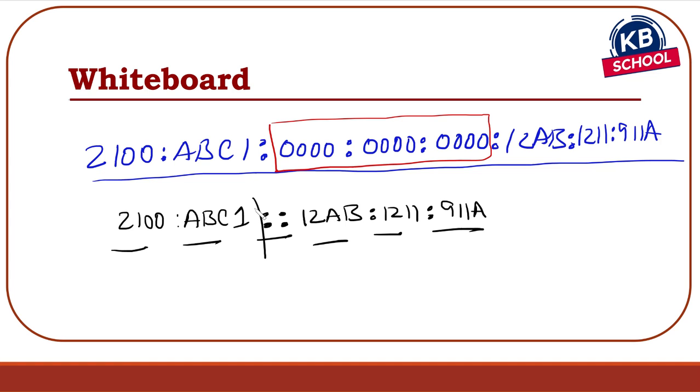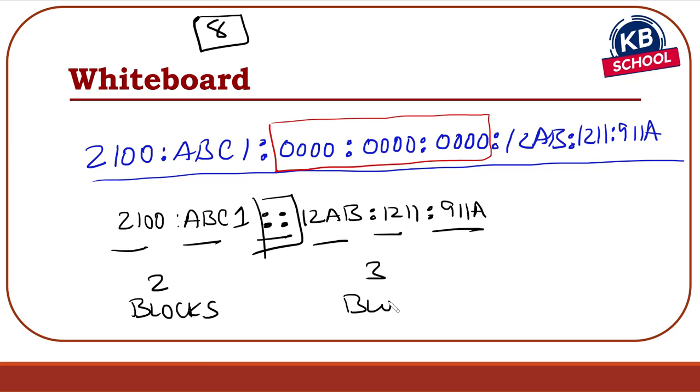Now, how does it know how many zero blocks you have? It knows that the total number of blocks is 8. It sees on the left-hand side of the double colon 2 blocks. On the right side of the colon, you see 3 blocks. So the device calculates that I need a total of 8 blocks. 3 blocks are missing because of the double colon.